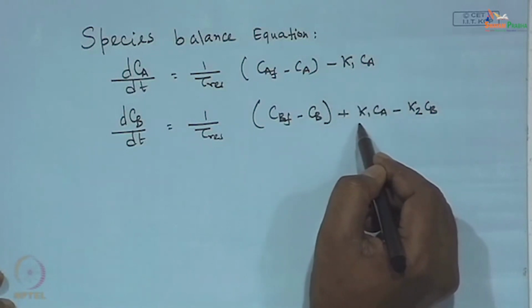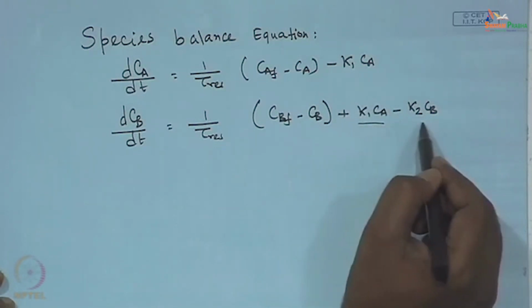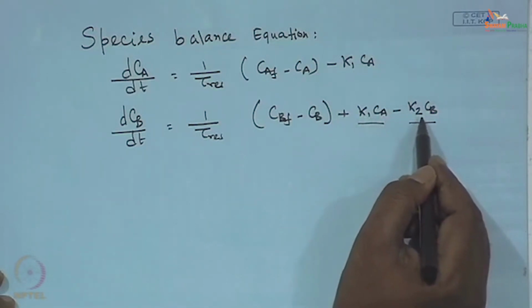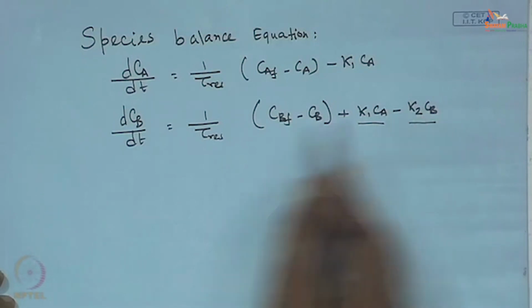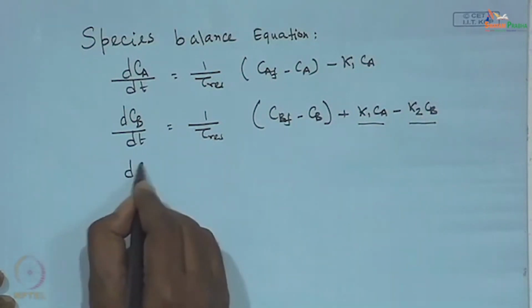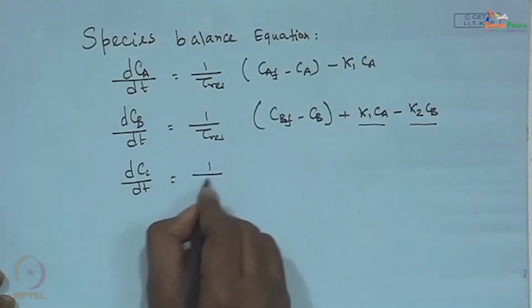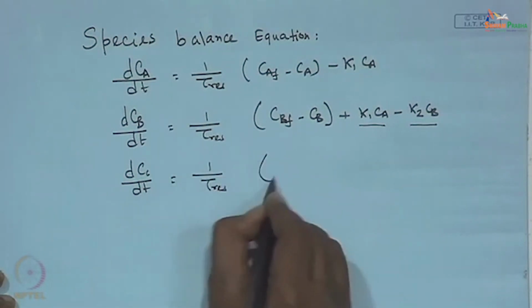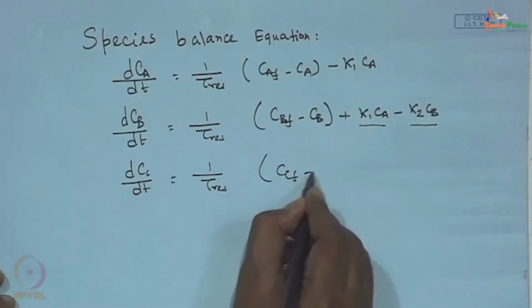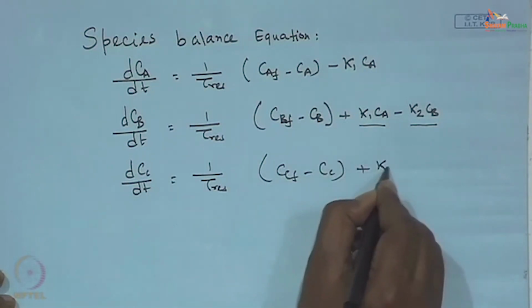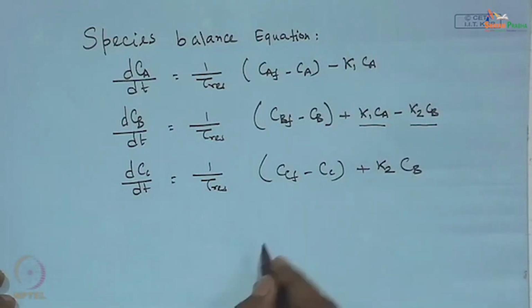In fact, this is a combination of rate of generation and rate of consumption, because B is produced at the rate K1 CA and it will be consumed at the rate K2 times CB. So, dCC dt can be written as 1 by tau times CCF, CC in the feed, minus CC, plus rate of generation K2 CB.